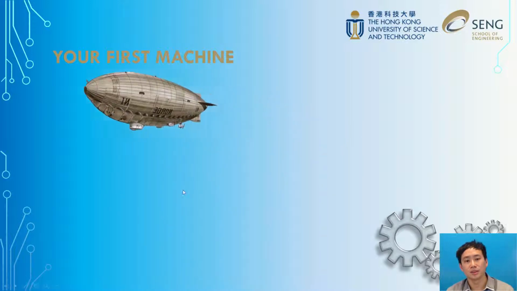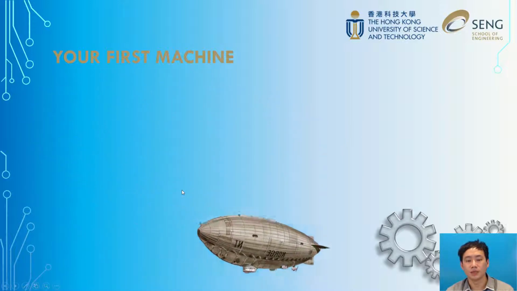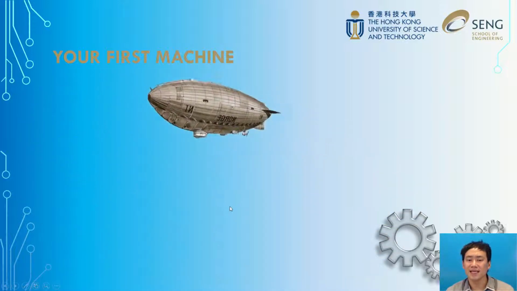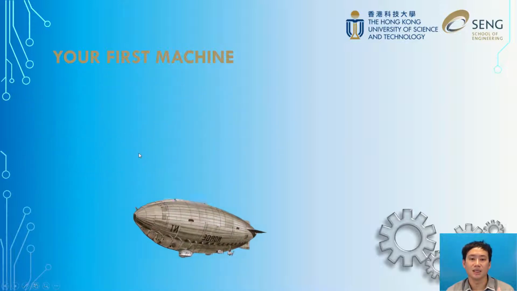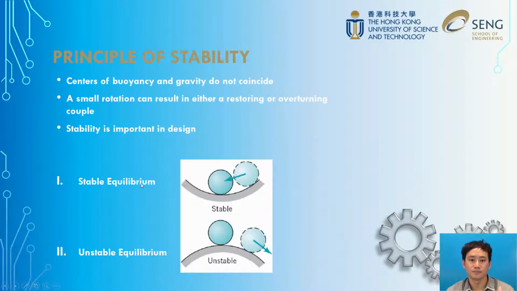The solution to this problem depends on your understanding of the stability of the airship. The principle of stability is that in equilibrium condition, the system will have a net force equal to 0, because the center of buoyancy and center of gravity will always act on the same line, and they will cancel each other out.